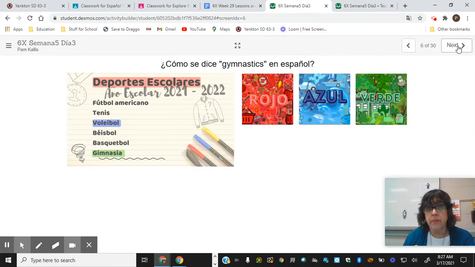Okay. ¿Cómo se dice gymnastics? Es verde. ¿Cómo se dice school sports? Okay, obvio, no es verde, no es gimnasia. Obvio, no es azul, no es voleibol. Es rojo, deportes escolares, rojo.